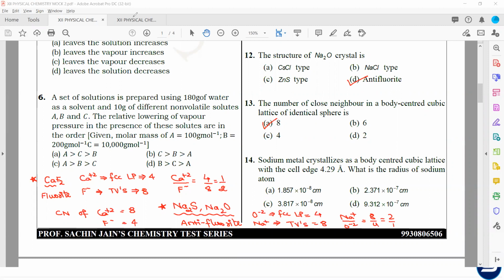What is the radius of sodium atom? 4R is equal to the body diagonal, which is equal to root 3 A. So R will be equal to root 3 by 4 into A. Just substitute the value and convert angstrom to centimeter by multiplying by 10 raised to minus 8, so that you get the answer in centimeter.